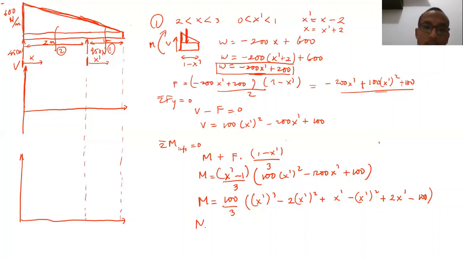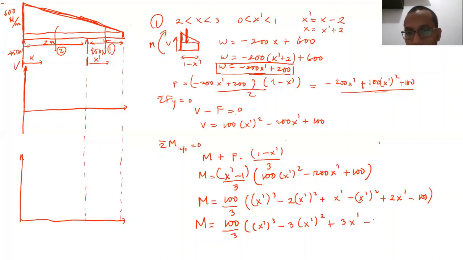Then by combining the terms, what I will get will be 100 by 3 multiplied by x(n) to the power of 3 minus 3 x(n) square plus 3 x(n) minus, oh sorry, this one is not 100. This one is 1. Minus 1.